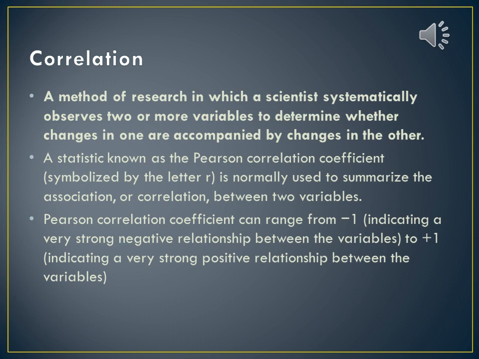On the other side, the range from 0 to +1 indicates a positive relationship, and if we get a value of +1, it indicates a very strong positive relationship between these two variables. So this is the method called correlation.